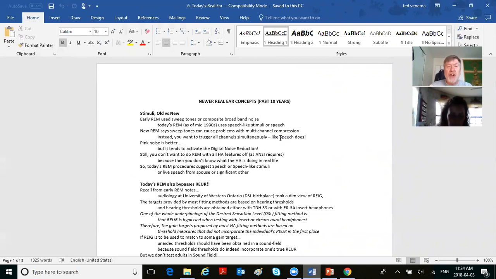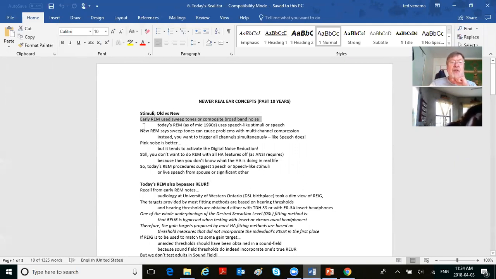Now, if you look at the top paragraph here where we're talking about stimuli, old versus new, the old real ear always used either two things, sweep tones, as it says here, or composite broadband noise. It was either brrrr, brrrr, going from low to high, or else it was kind of like a broadband pink noise.